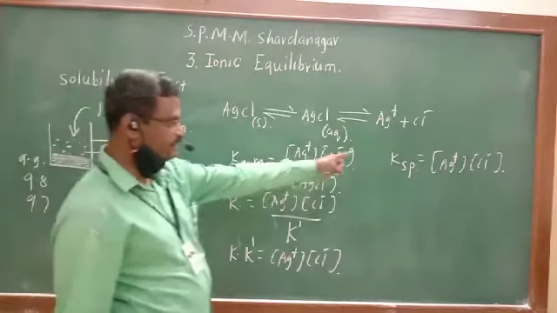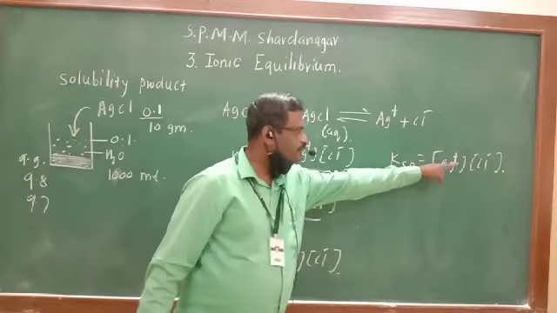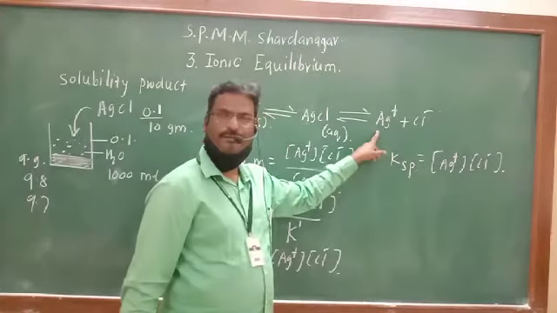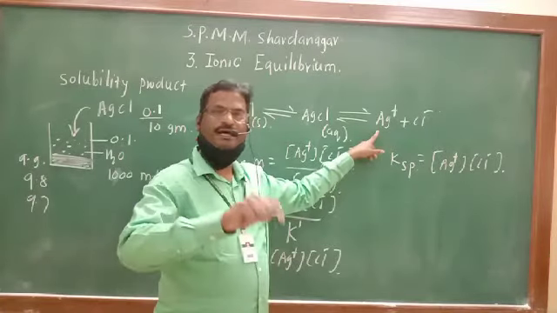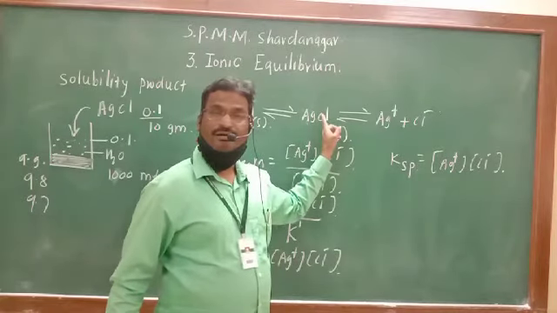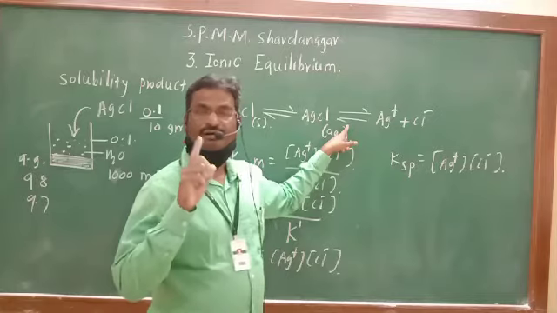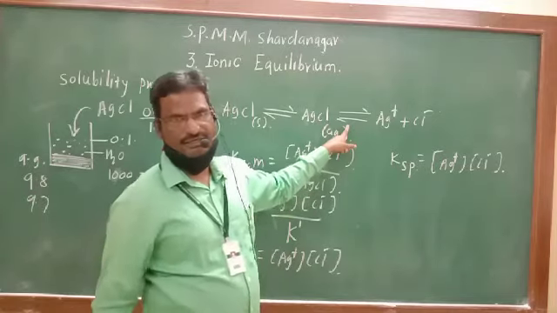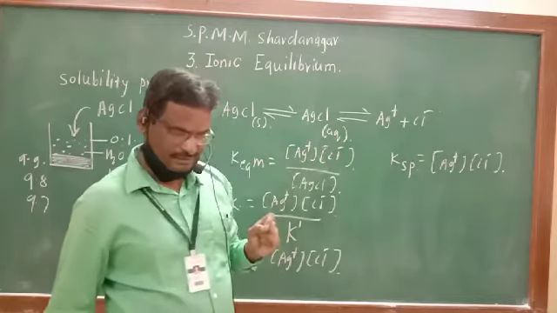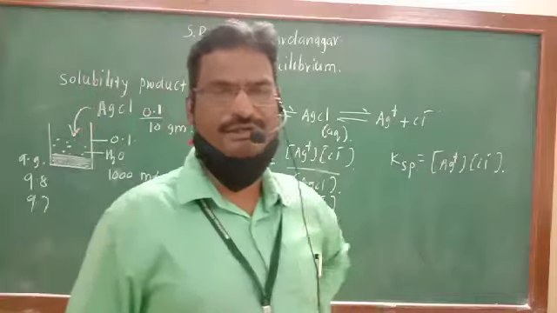Solubility product constant of a sparingly soluble salt is the product of concentrations of ions raised to an appropriate power equal to their coefficients in the equilibrium equation under saturated solution conditions.